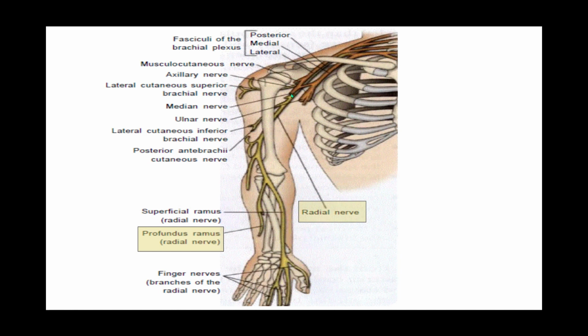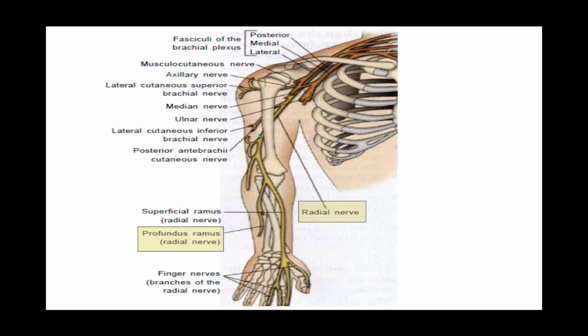So we can see that the radial nerve emerges as a terminal branch of the posterior cord of the brachial plexus. We'll find out that it exits the axilla through the triangular space, or the triangular opening, and then gets to the posterior compartment of the arm, and then it will swirl around the posterior surface of the mid-humeral shaft, lying within the radial groove there, and then comes to the lateral aspect of the humerus, okay?